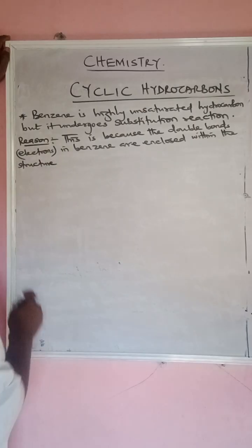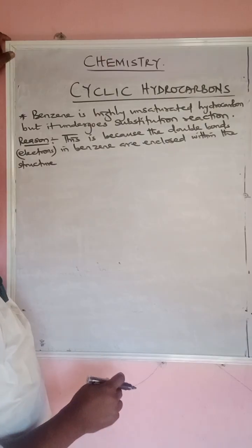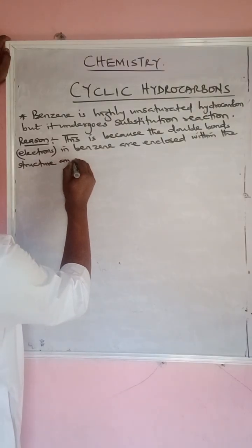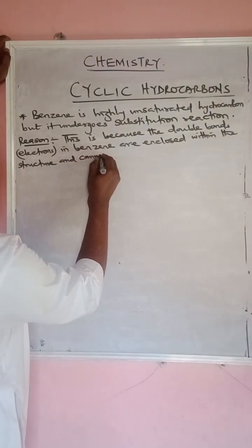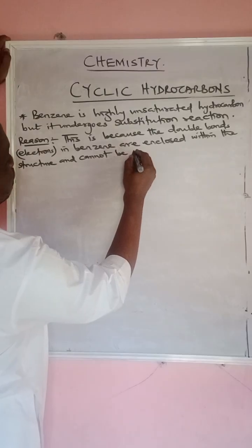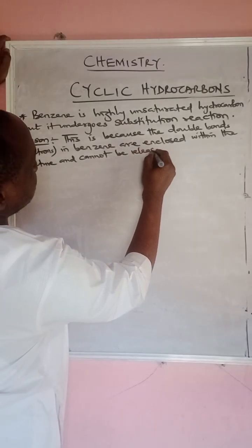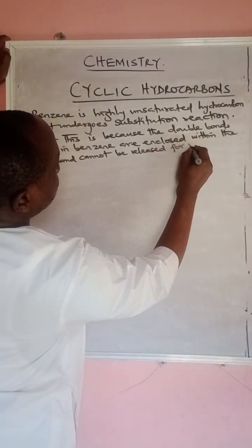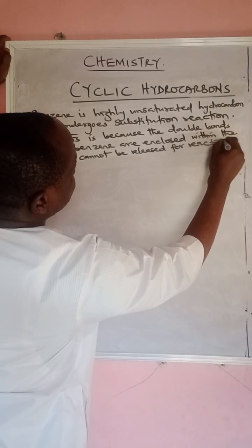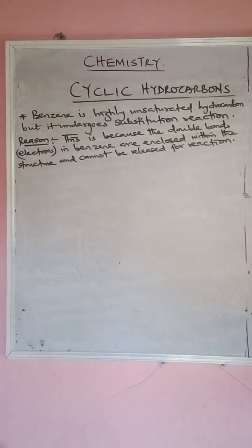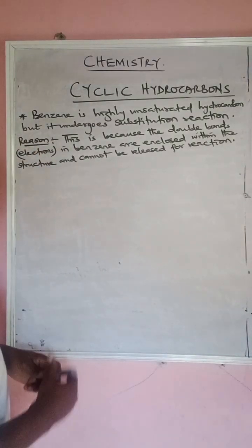The double bonds in benzene are enclosed within the structure and cannot be released for reaction. That's why it will undergo substitution.